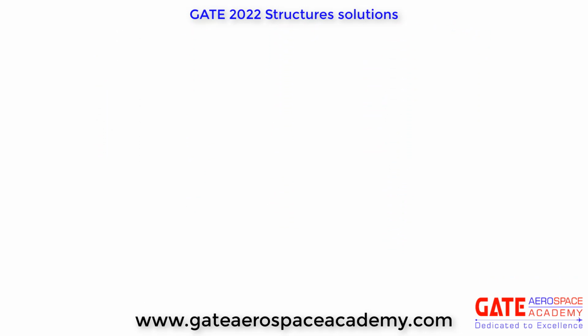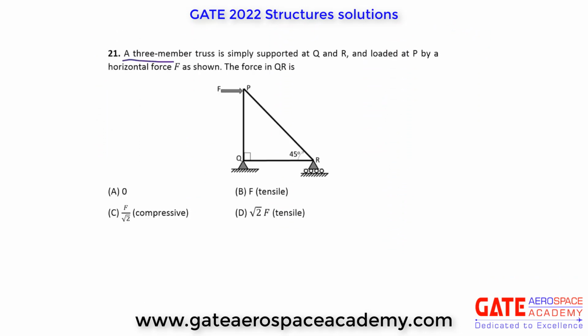Question number 21. A 3-member truss is simply supported at Q and R, so here and here, and loaded at P by horizontal force as shown. The force in QR, we have to find out force in member QR.